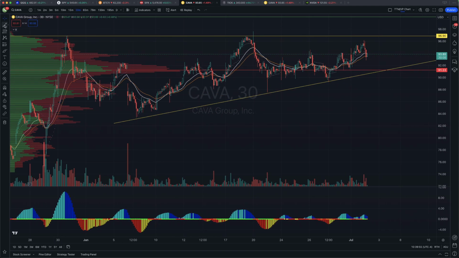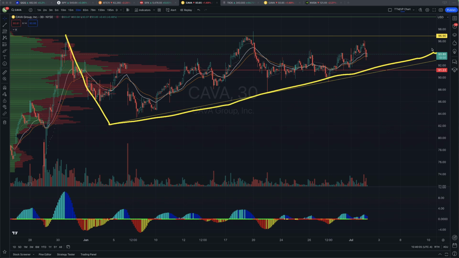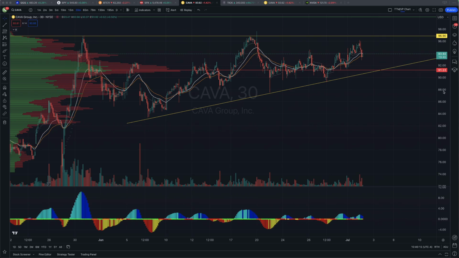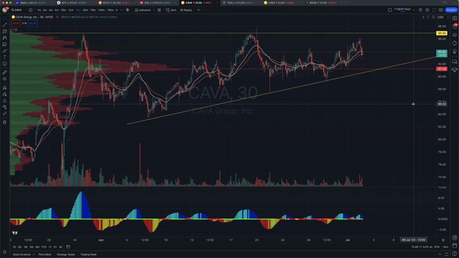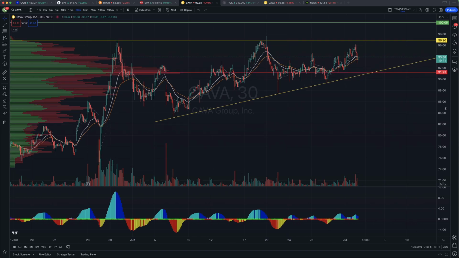As long as the pattern stays within this triangle, it has not broken down. Sorry, that's an awful line, but you see what I'm trying to do here. As long as it stays within that triangle, the pattern is still intact, and it's just moving within this pattern.